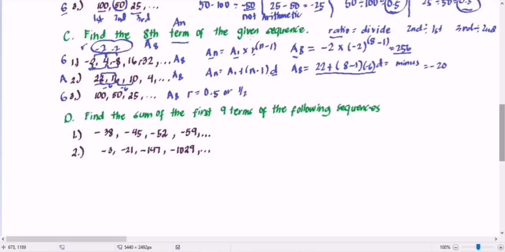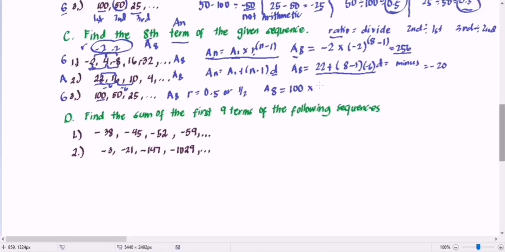Parehas lang yan. So, another arithmetic, geometric formula. Geometric to, so geometric sequence formula. Ito yung gagamitin natin, yung ginamit natin kanina. So, that is A sub 8, palitan natin ulit kasi 8 term pa rin yan, equals, yung A sub 1, ito, 100, times, yung R natin, which is 0.5 or 1/2.